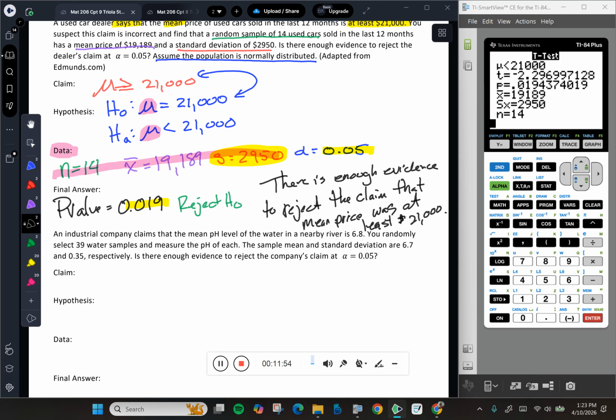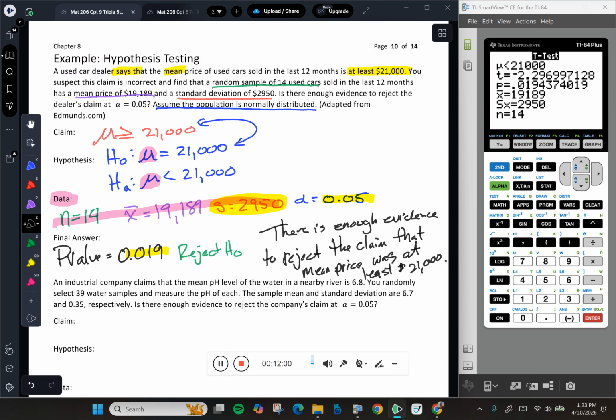There you go, I got it right. Dollars. Hypothesis testing. Right? It's really pretty straightforward stuff.